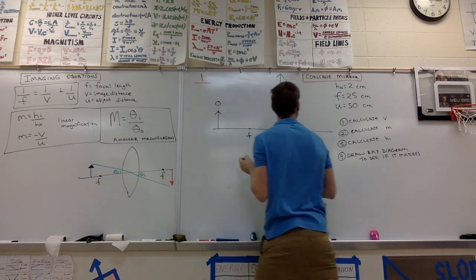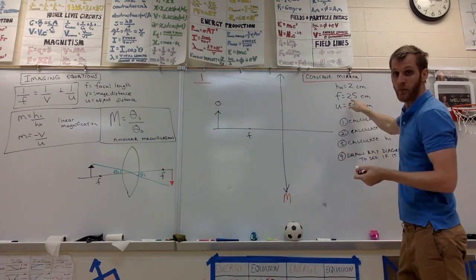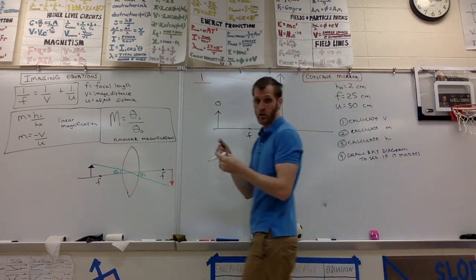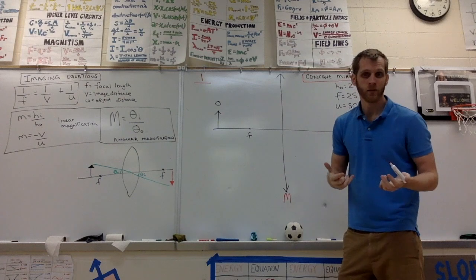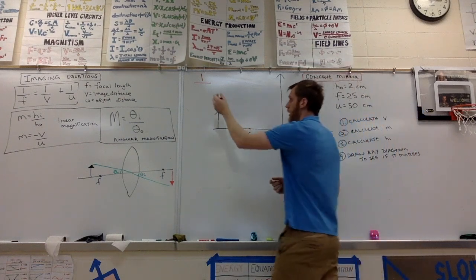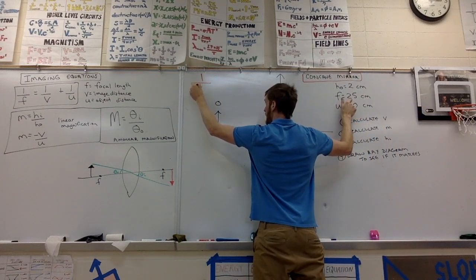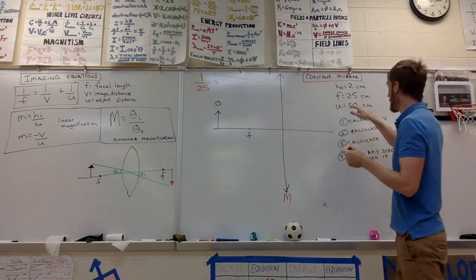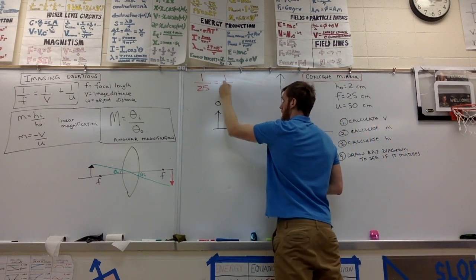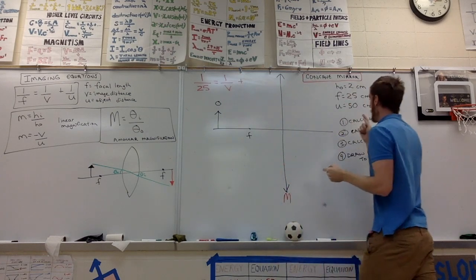So 1 over F, which is 0.25, but since all of these are just ratios, we can just leave them as centimeters. I'm too lazy to convert it. So 1 over 25 is equal to 1 over v, which is our unknown, plus 1 over 50.